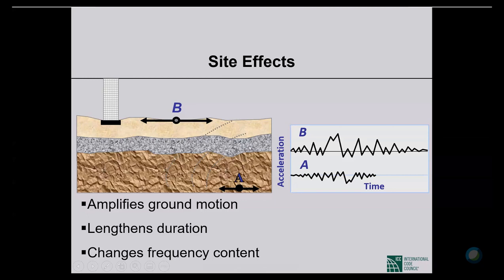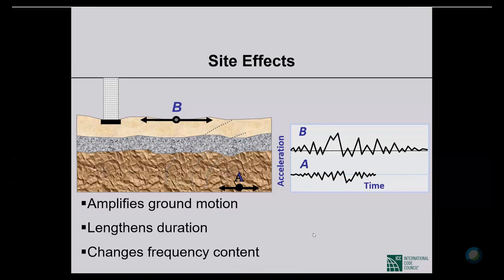So the soft soil overlying rock amplifies the ground motion. The amplitude has increased significantly, the duration of the ground motion is lengthened, and the frequency content changes, meaning how many back and forth cycles in what period of time. Okay, so all those things happen: it amplifies ground motion, lengthens duration, and changes frequency content.